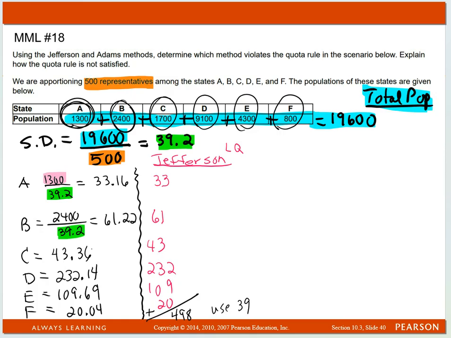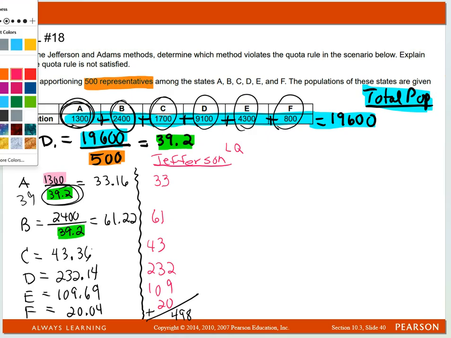So when I divided by 39, I just did the division and I looked at the numbers and I wrote them down as I went from my calculator. So I didn't write them down on my actual notes. When we use 39, so over here where this 39.2 is, we're now going to use 39. And when I did that, actually, let me put it in a different color.